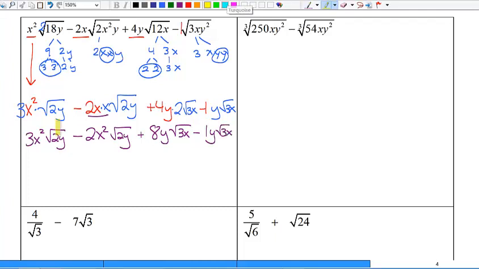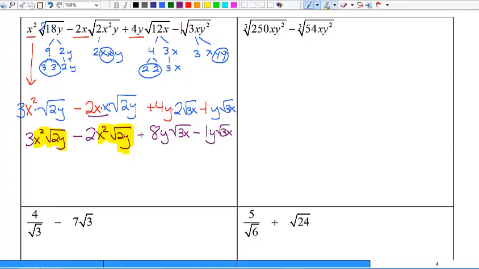So I'm looking for like radicals. The square root of 2y is like, but not only do they have to be like, our variable rules still stay the same, which means my variable and the radical part both have to be the same. Just like we talked about earlier, the variables have to be the same to add like variables, and the radicals have to be the same.